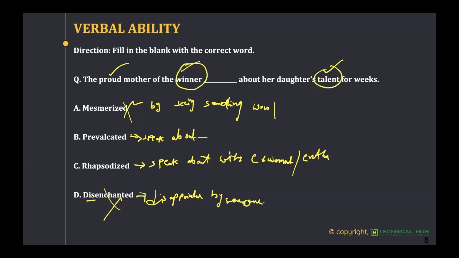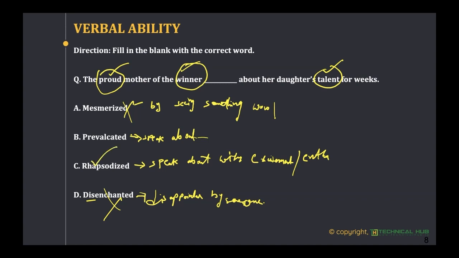For example, imagine our RRR movie, Pawan Kalyan, or your favorite hero. You become so excited when you talk about the hit movie of that particular person. That means you'll be rhapsodized about talking your favorite thing. So here you'll use rhapsodized as an answer. Got it?